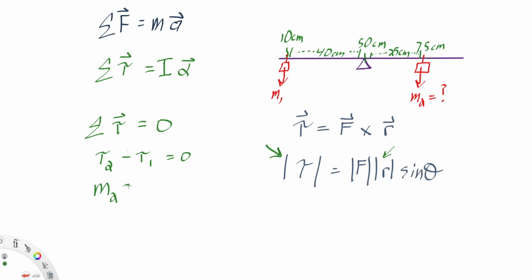So its mass times gravity, that's how much force that mass 2 is exerting on the meter stick. And its distance from the axis of rotation is R2. Same thing for mass 1. And if we sum these up, we should get 0.